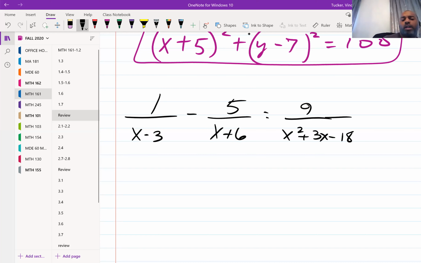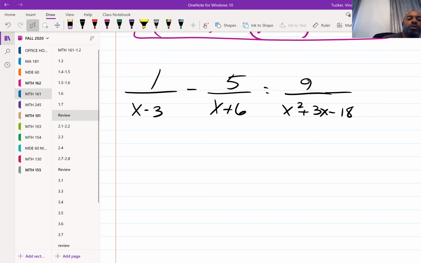All right. And so what do they want from you again? The LCD? Or did they want the solution itself? The first one was the values of variables that make the denominator 0. Okay.